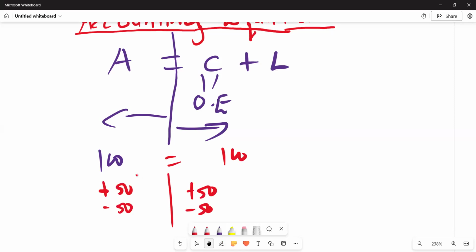But if a transaction is on the same side, like affecting only assets, maybe you are debiting an asset and crediting an asset, then if you have a plus, there should be a minus, so that the total doesn't change. Plus 50 minus 50 comes back to the same total and it remains equal to the other side.